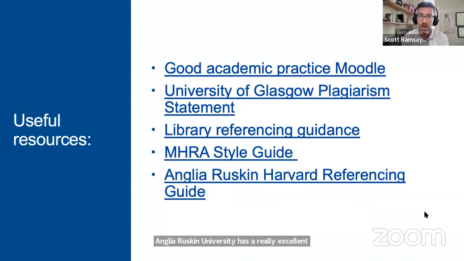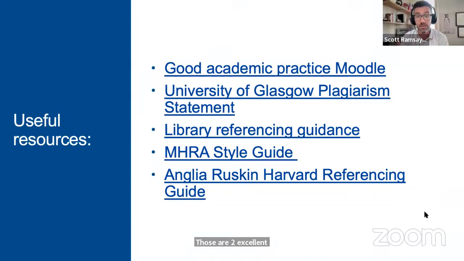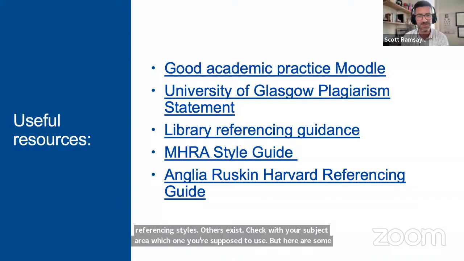So if you have never used those systems before, maybe you're changing topic as you come in to do your master's degree, those are two excellent starters on two very common referencing styles. Others exist. Check with your subject area which one you're supposed to use, but here are some resources to use.